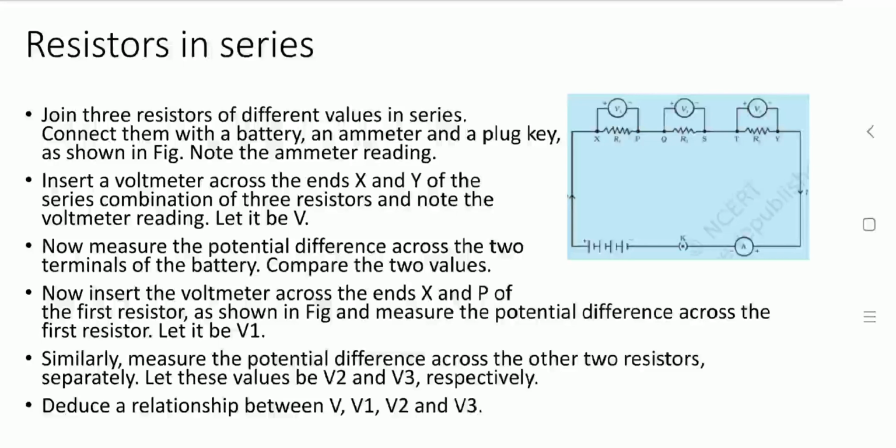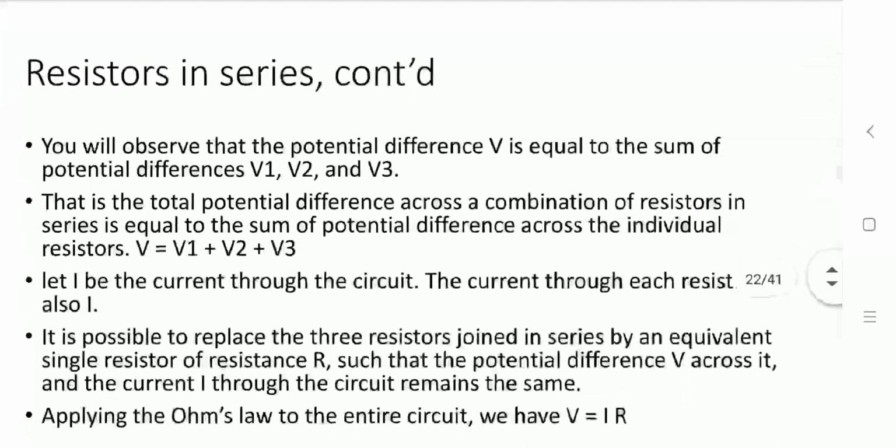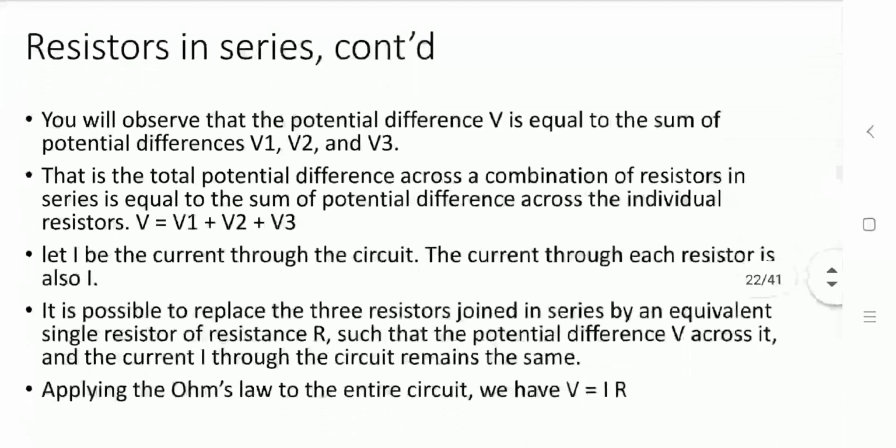Likewise, place the voltmeter across R3 and measure the potential difference across R3, that is V3. By focusing on V, V1, V2 and V3, we get the result like this. V equals V1 plus V2 plus V3.